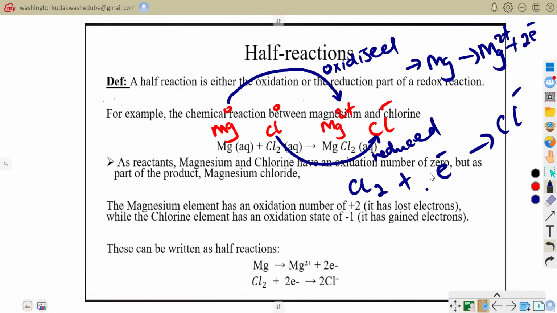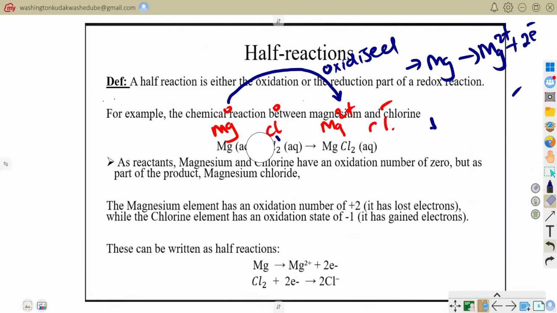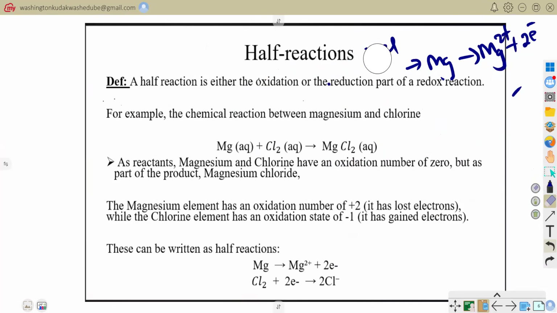But definitely we need to balance these atoms. So here we'll be having 2, and also 2 electrons. So this becomes a half reaction for the reduction part. These are what we refer to as half reactions. They simply represent either the oxidation part or the reduction part in a redox reaction.